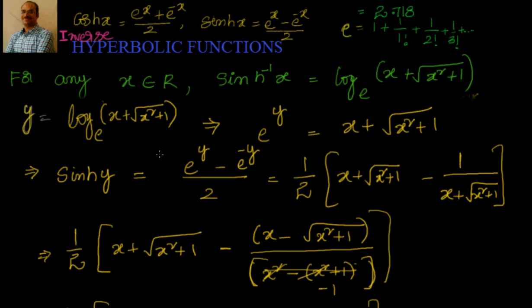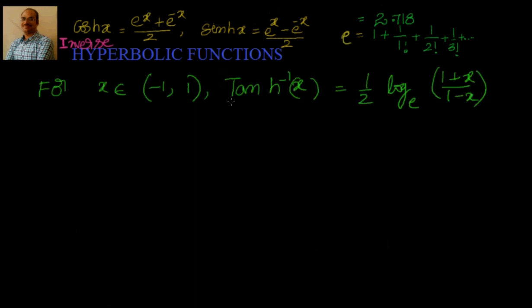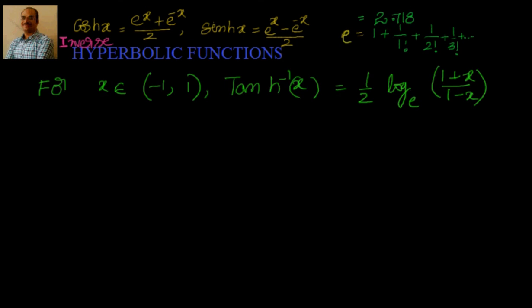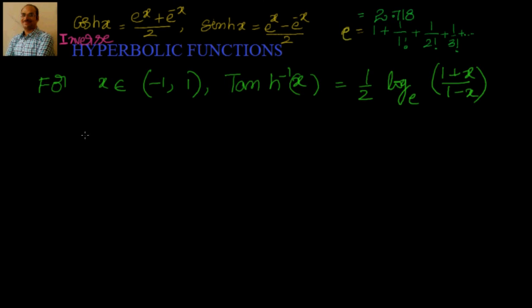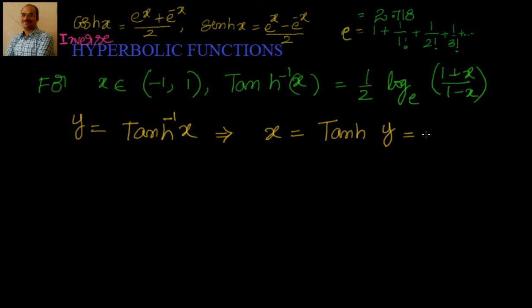Now I can find the value of e power 2y by cross multiplying. I will have x into e power 2y plus 1 equal to e power 2y minus 1. So it will be x into e power 2y plus x equal to e power 2y minus 1. If I get e power 2y to this side, it will be e power 2y into 1 minus x equal to 1 plus x.